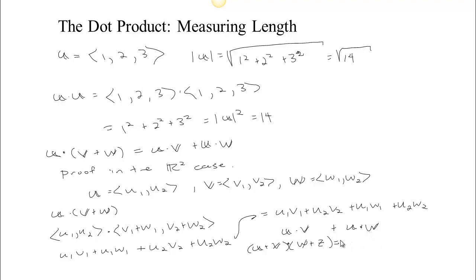So if we do this, we know we're going to get u dotted with w and u dotted with z and v dotted with w and v dotted with z. It's because of the distributive property that we have this FOIL method. We can take the dot of the first, the dot of the outsides, the dot of the insides, and the dot of the last. So that property still works with the dot product, even though we're multiplying vectors and not just multiplying single numbers.